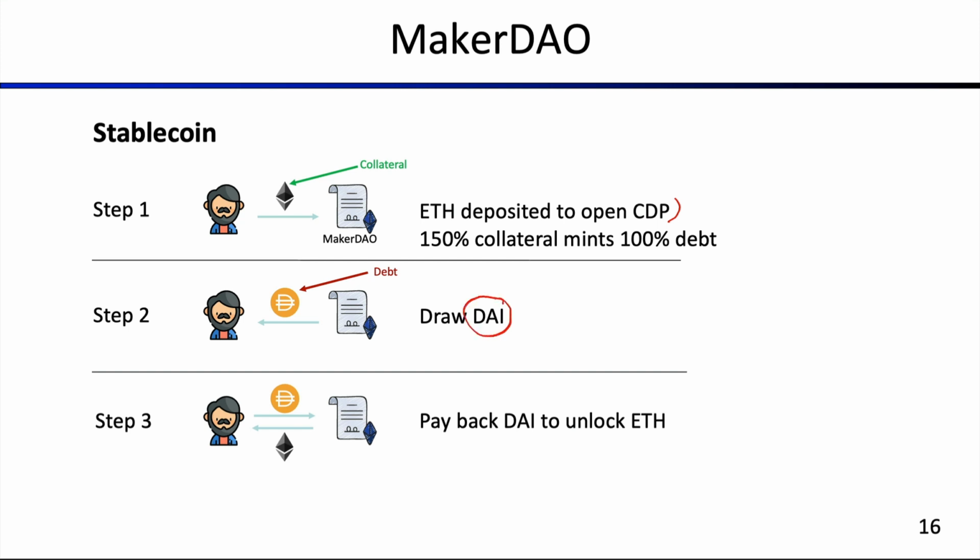So you have a contract. If you give it a certain amount of Ether, this contract will give you a certain amount of DAI in return. If you pay back your DAI, so if you pay back your debt at a later point in time, then this contract will unlock your Ether on your behalf. So that's a very simple mechanism of how to create a US dollar backed stablecoin in this particular example.